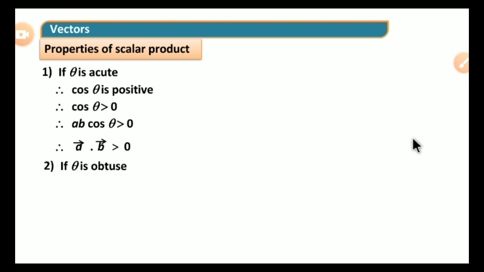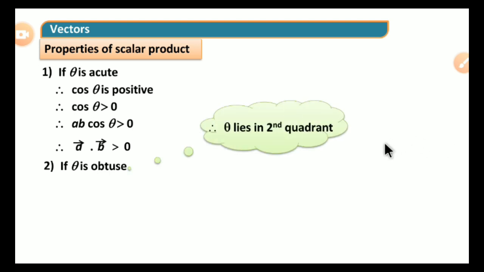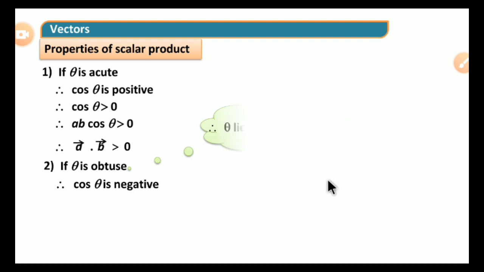If theta is obtuse, meaning the angle is greater than 90 degrees, then theta lies in the second quadrant. Therefore, cos theta is negative, because in the second quadrant only sin theta and cosec theta are positive, but cos theta is negative. So we can take cos theta is less than 0, and again we multiply the magnitude of vector A and the magnitude of vector B with this cos theta.